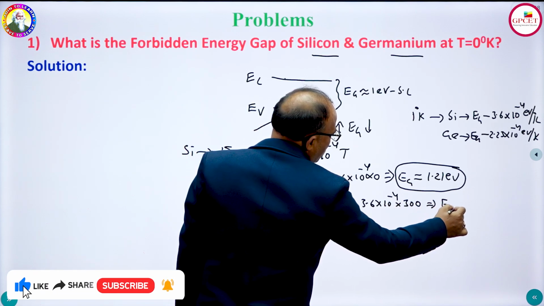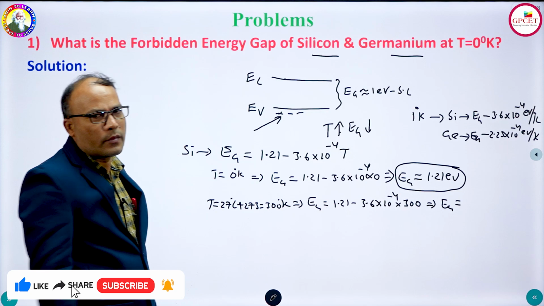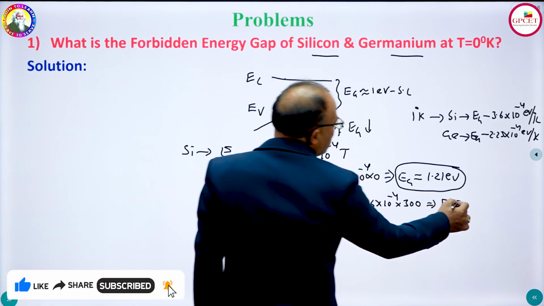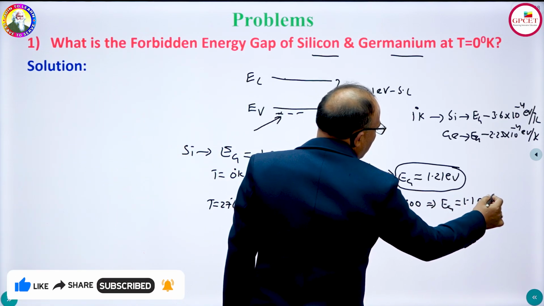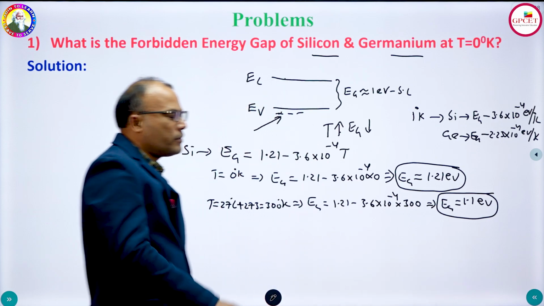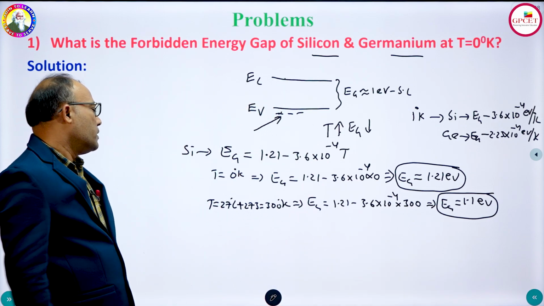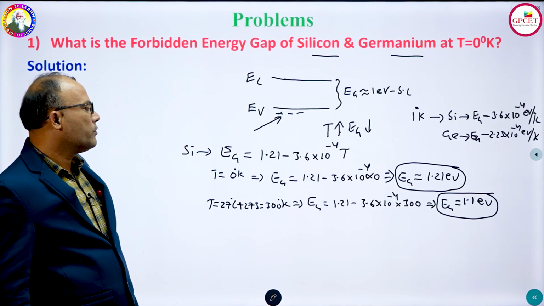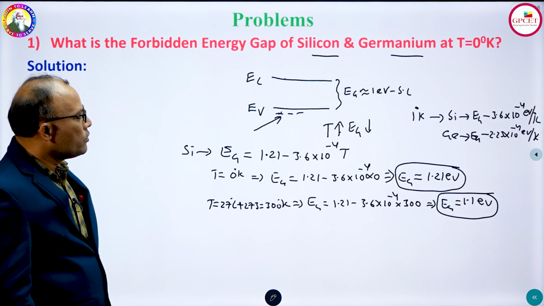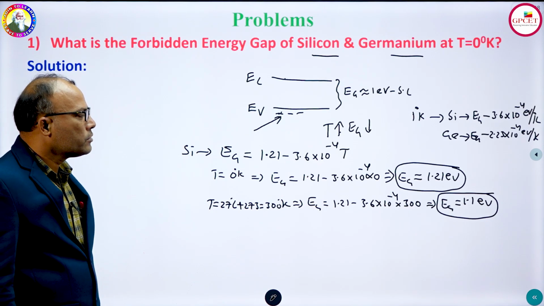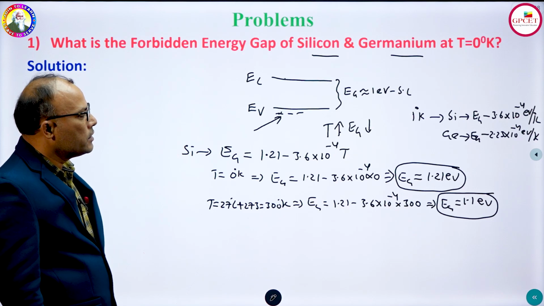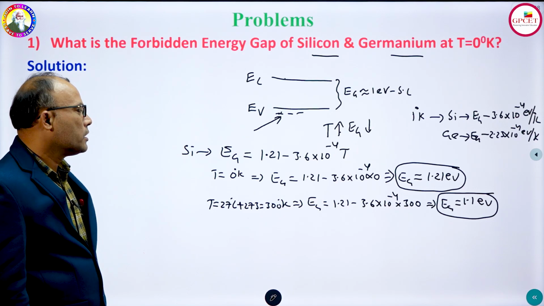So you get approximately 1.1 electron volts. This is a very, very important concept, where at T equal to 300 degree Kelvin, you get energy gap 1.1 electron volts.